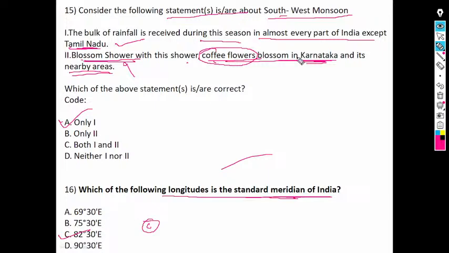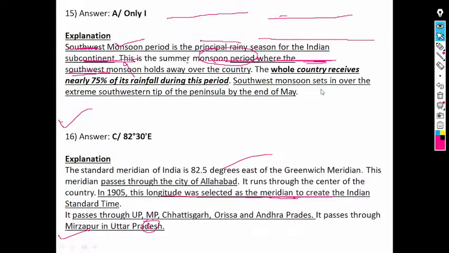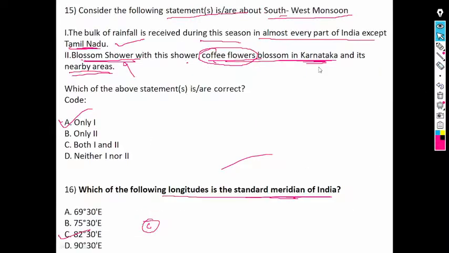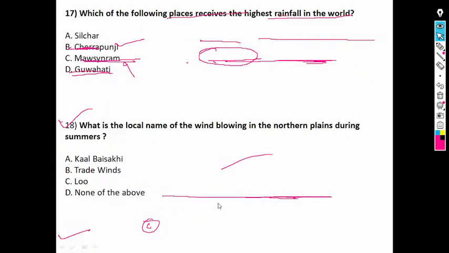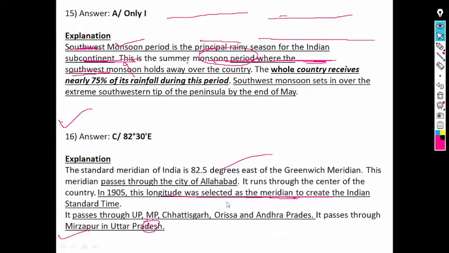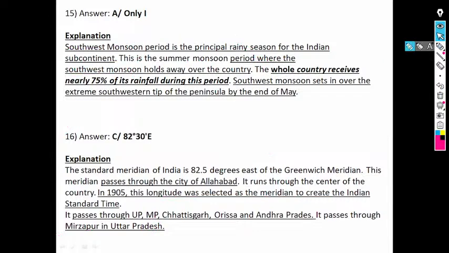Only A is correct in the previous question, and here C is correct: 82.5.